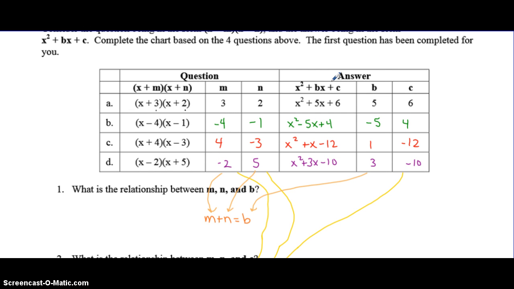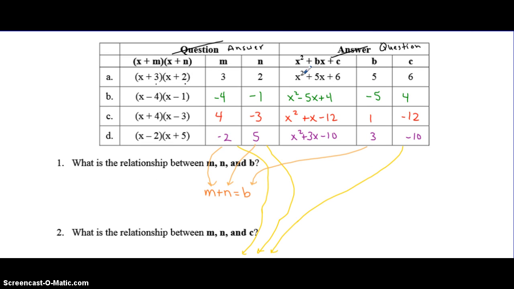So now, what if this was the question and this was the answer? If this was the question and you wanted to put it into these two brackets, what we're doing to factor this simple trinomial is to undo the FOIL process.